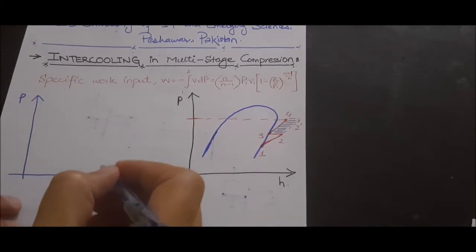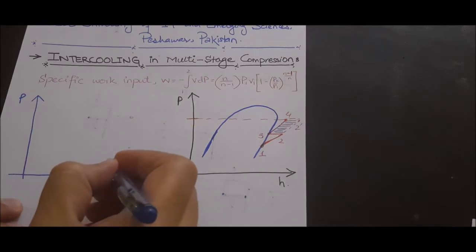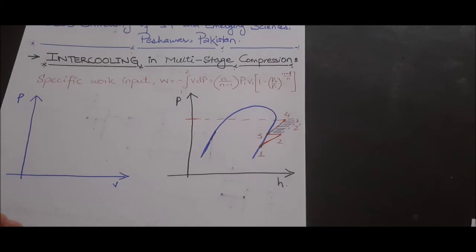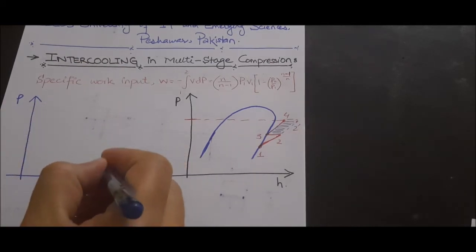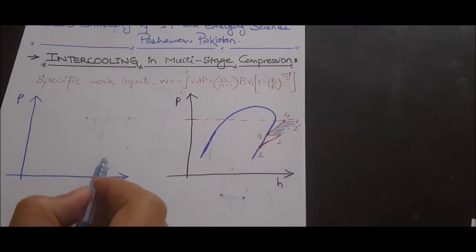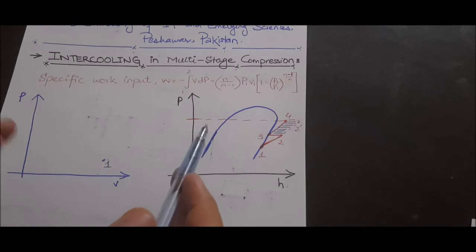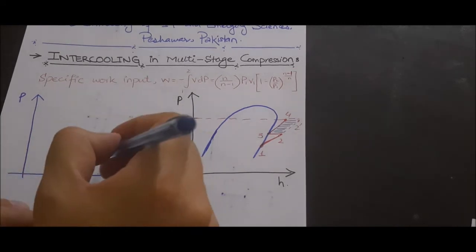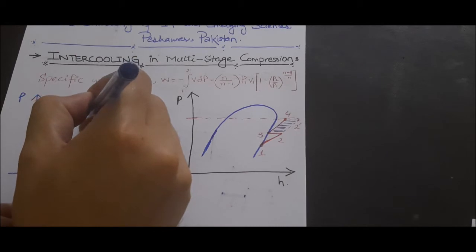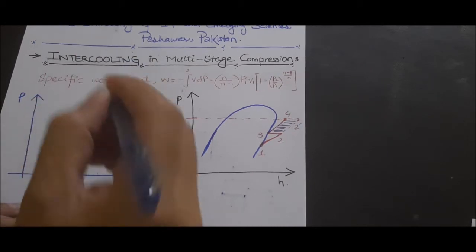So on a PV diagram, compression is actually the reduction in the volume and the increase in pressure. Since there is a compression, the volume will reduce, so it will move like this, 1 to 2.